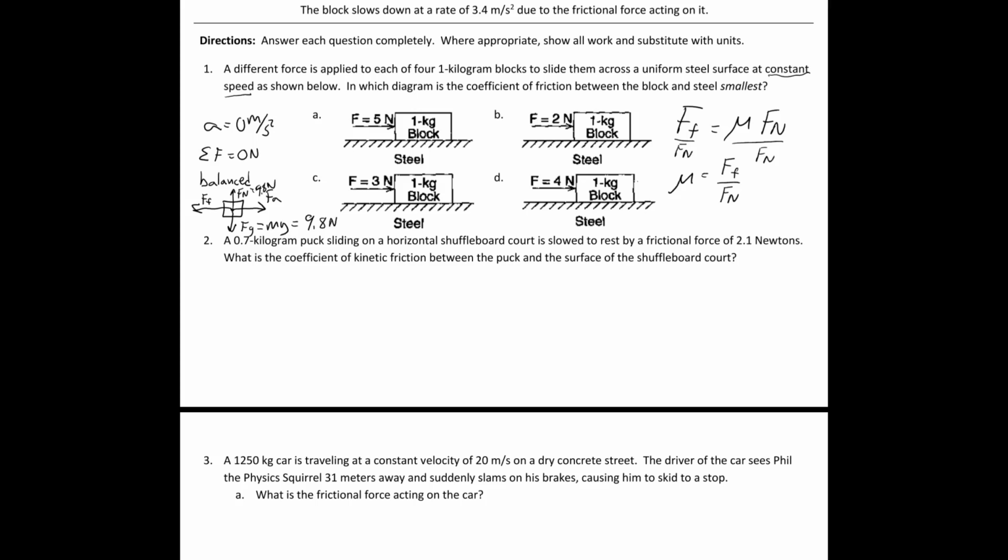I know this is a long explanation for this problem, but there's a lot of good stuff packed away inside of it. So I'm taking my time with it. You can calculate each one. Just do 5 divided by 9.8, 2 divided by 9.8, and you'll quickly see the relationship. The relationship between the frictional force and the coefficient of friction is direct.